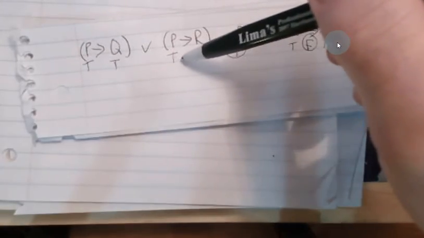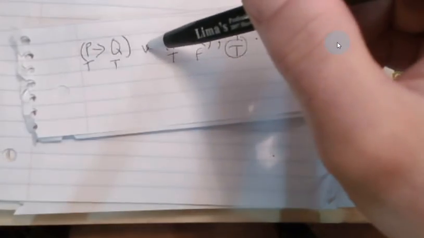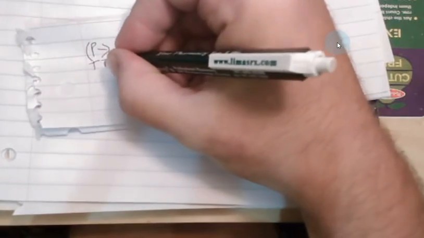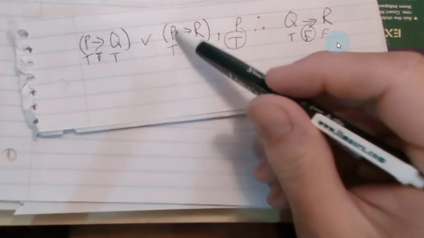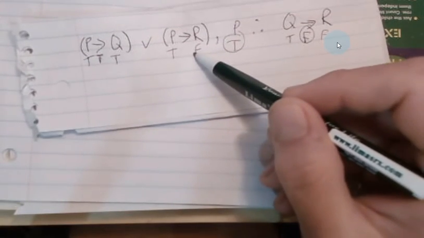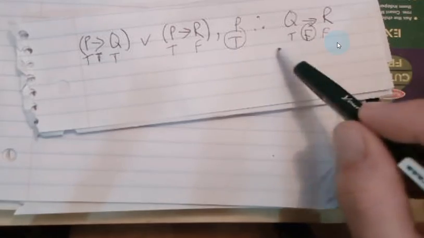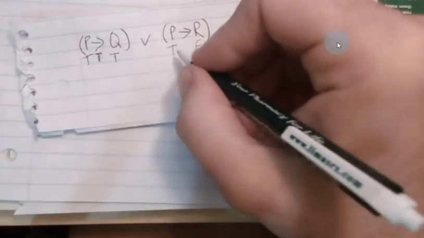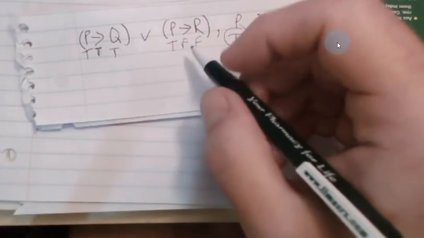Now we're almost done, because we just have to fill in the truth values for each of the disjuncts, and then we will know the truth value of the whole disjunction. So when you have a conditional with a true antecedent and a true consequent, of course it's true. Yes, it is. But if you have a true antecedent and a false consequent, just like over here, that's the only time that a conditional is false, so we put a false right here. Sometimes it's hard to keep track of everything.